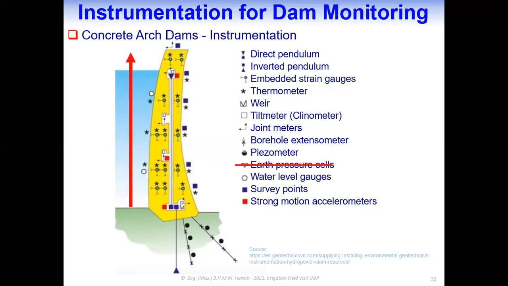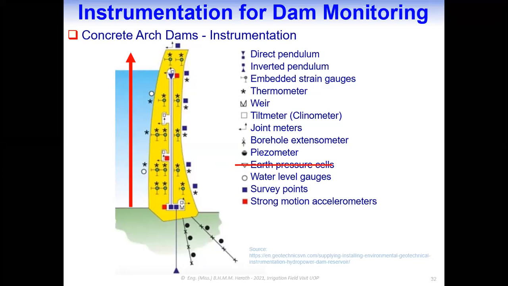instrumentation. Other than that, usually concrete arch dams are higher than concrete gravity dams, and therefore it could accommodate several galleries along the height, and it could increase the number of measuring stations within the dam body.